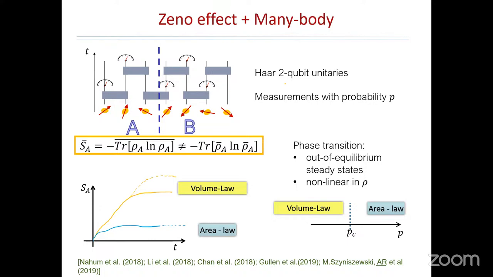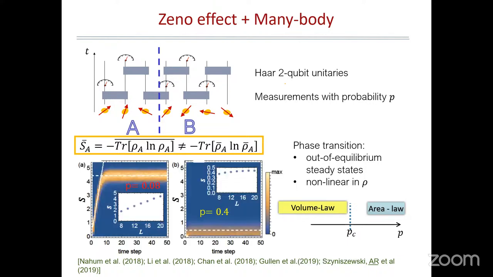And that's how this looks in the real plot. You see here the entanglement entropy as a function of time for two different values of probability. In the first one, entanglement entropy grows and then stabilizes at a certain value. And if you look at the insets, what you see is the value of the steady state entanglement entropy as a function of system size, which on the left scales like a volume law, and on the right is an area law.